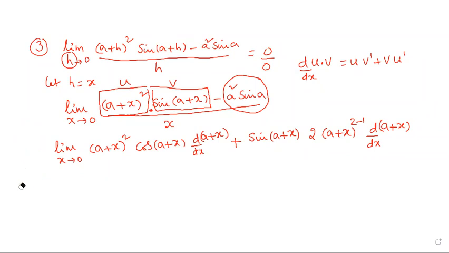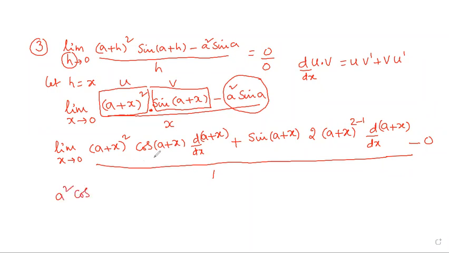See, the numerator is a square minus sin a, no x term, so the derivative is 0. The denominator x derivative is 1. Now substitute x as 0. A plus 0 square means a square.